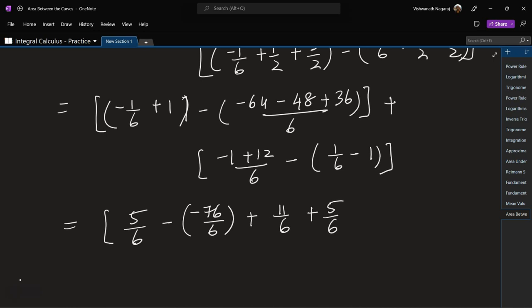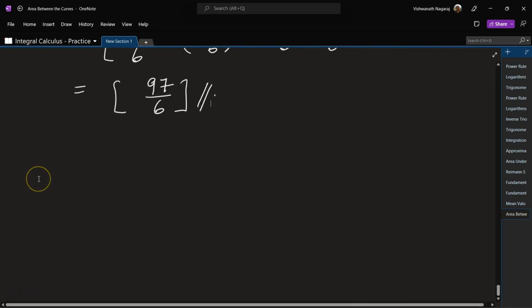Let this be 6 itself, so easier. So 5 plus 76 is 81, 91, 92. 92 plus 5 is 97 by 6. So that is the area between these two curves.